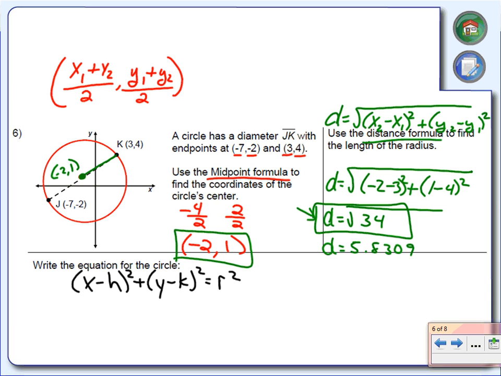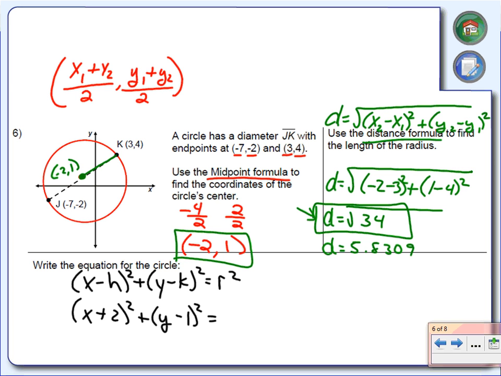All I'm going to do is replace the h, the k, and the r with some numbers here. All right, so h, we're going to replace that with what? It's going to be what in parentheses? X minus 2 or x plus 2? Plus 2. Remember, it's always the opposite. What's going to go in the other parentheses? Y minus 1 or y plus 1? Y minus 1.